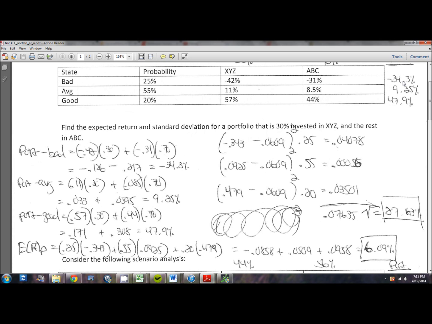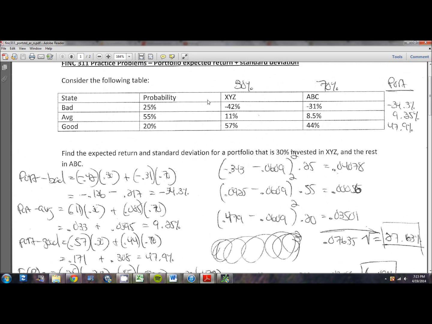So this negative 34.3 was found right here. That's the portfolio in a bad state, and that is found by taking the return from XYZ in a bad state, which is minus 42%, times the weight of XYZ, which is 30%, plus the return of ABC in a bad state, which is minus 31%, times the 70% of your portfolio in ABC.